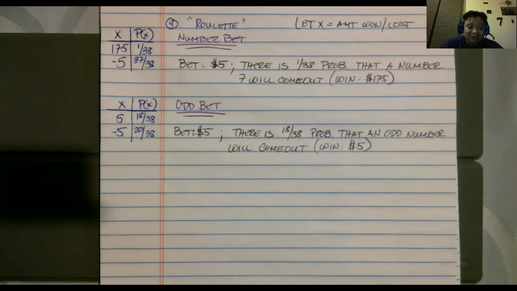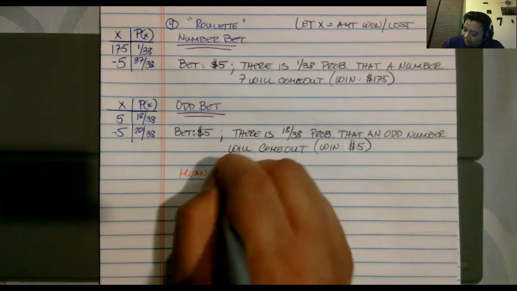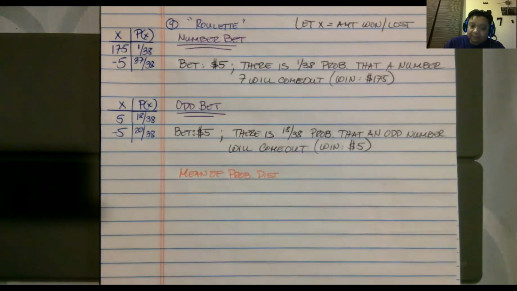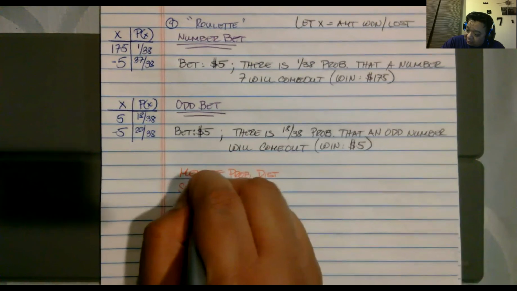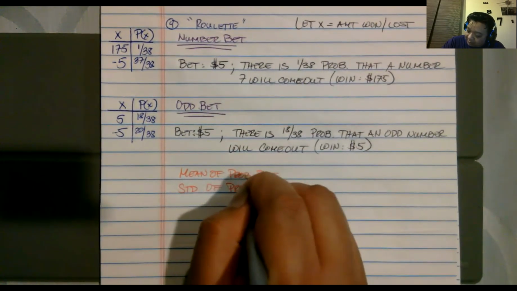If you're gonna go gamble $5, which one is the better bet? One way to sort of answer that question is to find what we call the mean of a probability distribution. And then there's also a standard deviation for a probability distribution.